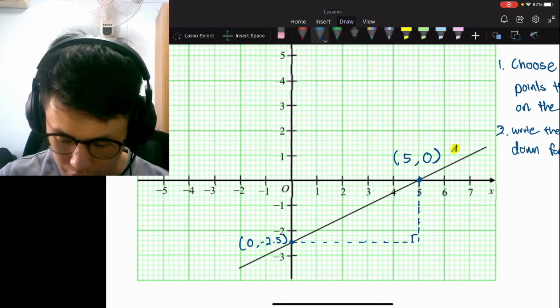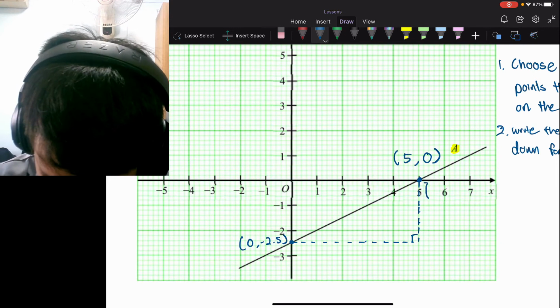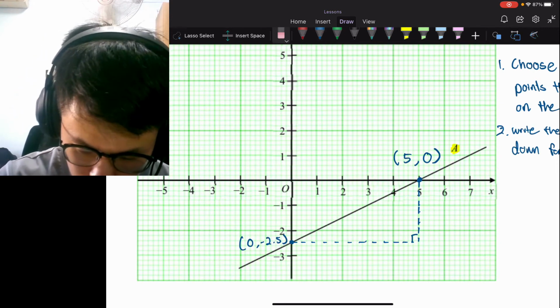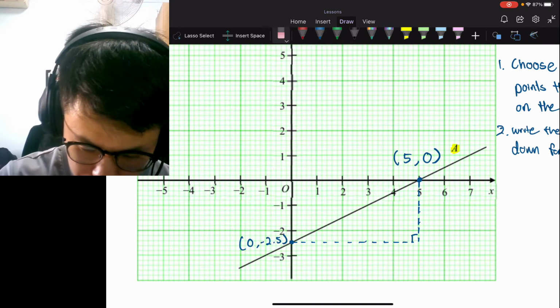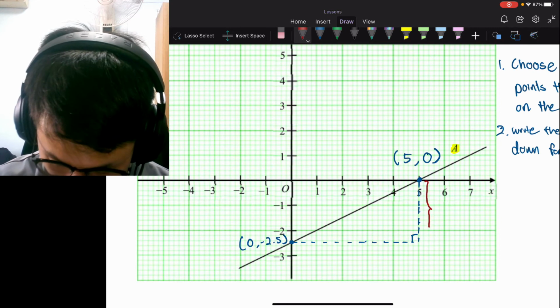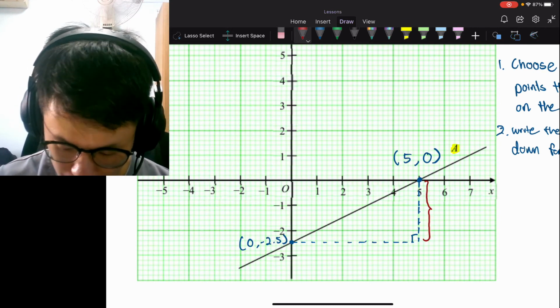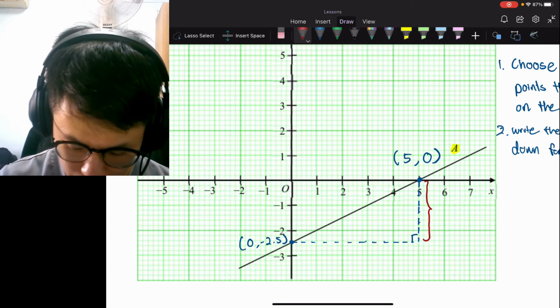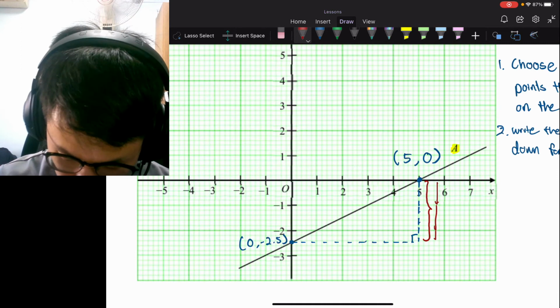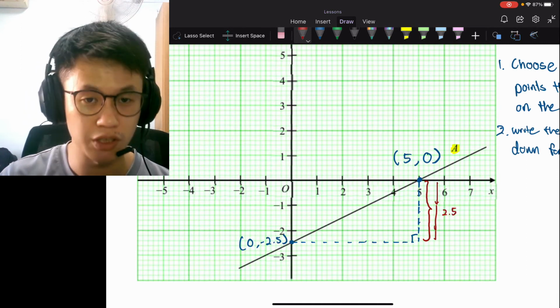Now what we're going to do is count how many units this is. What do I mean by units? In this portion here, you're going to reference it to the y-axis. So how many units? This is 2.5 units, right?